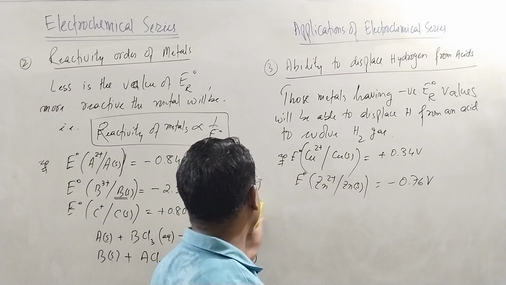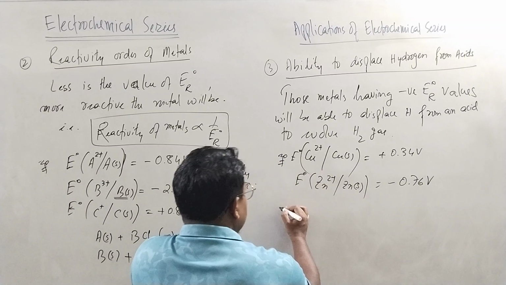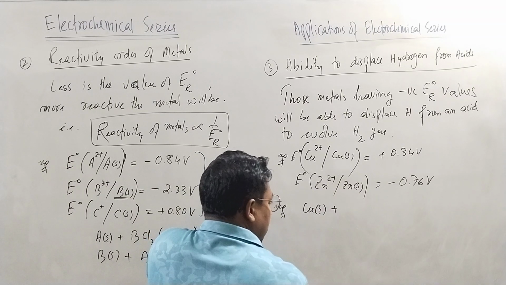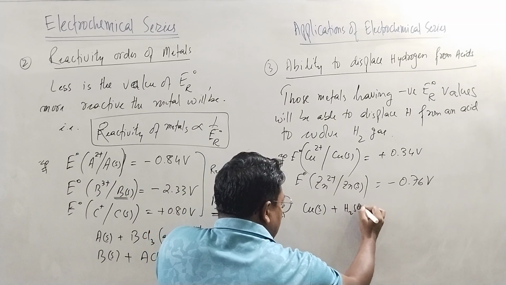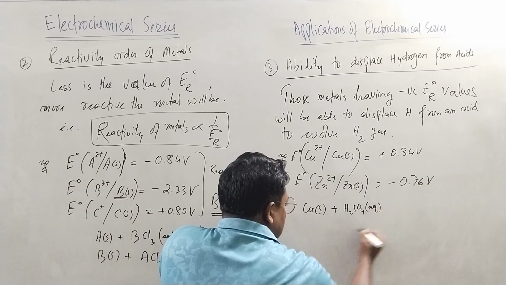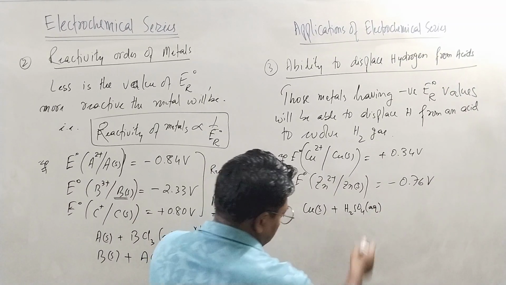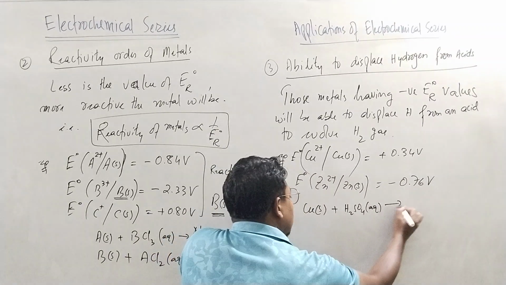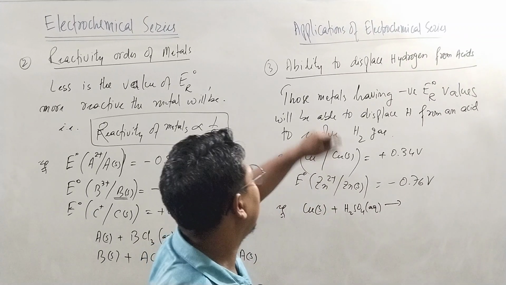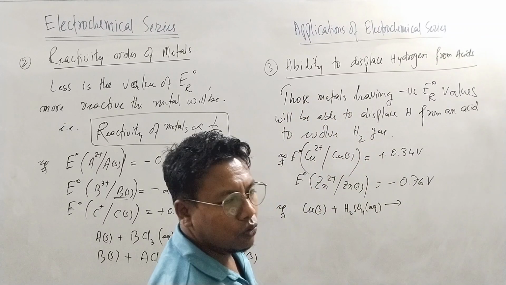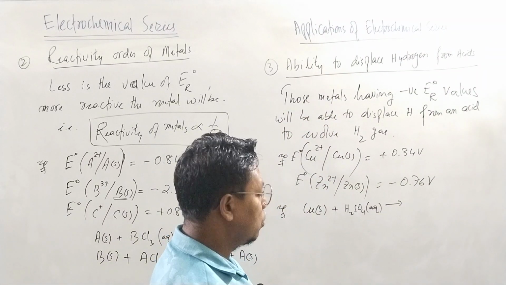This I can write as an example like this. Copper solid reacts with H2SO4 aqueous. This can be 1 molar, 1 normal, whatever concentration is not important here. So copper having a positive value of E naught R will not be able to displace hydrogen to evolve hydrogen gas.